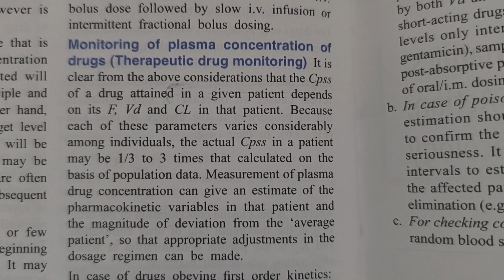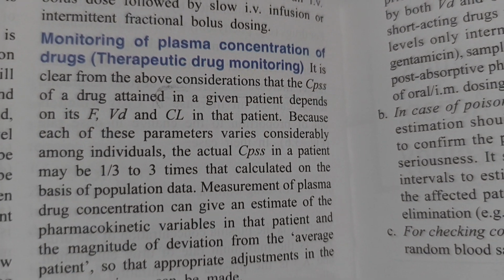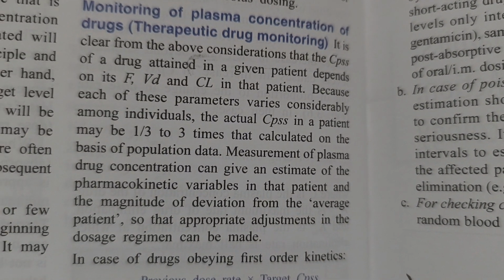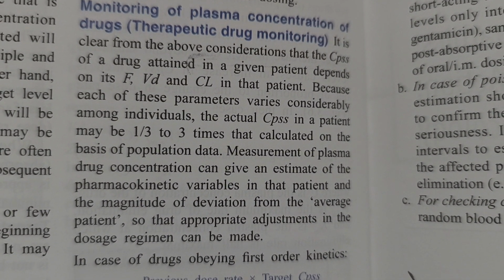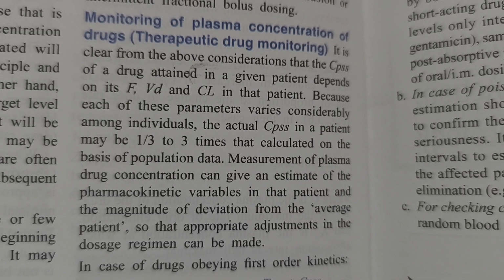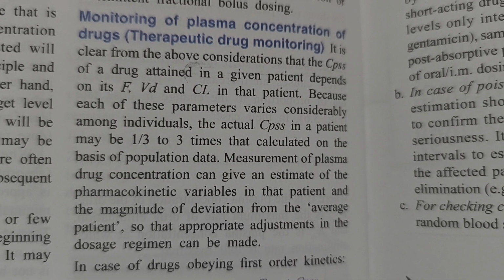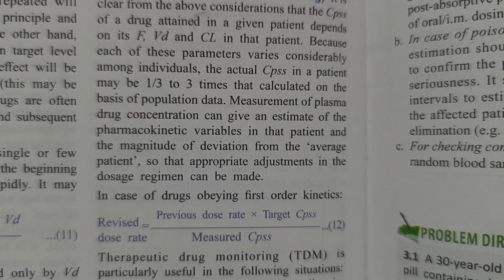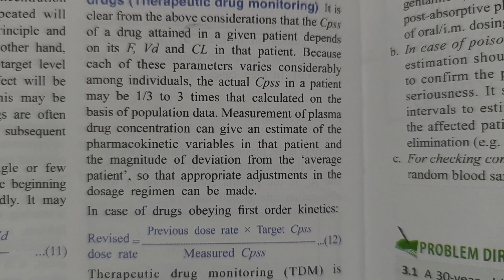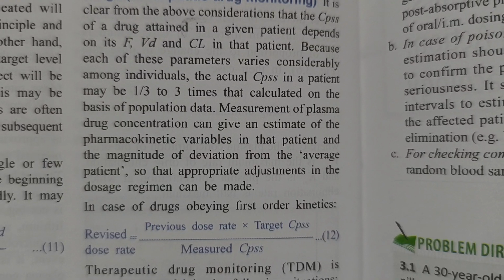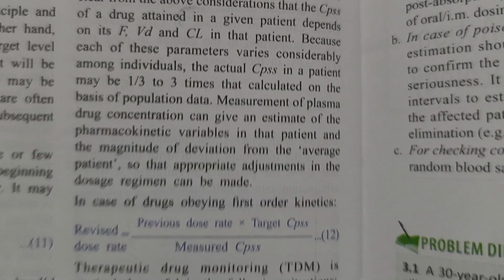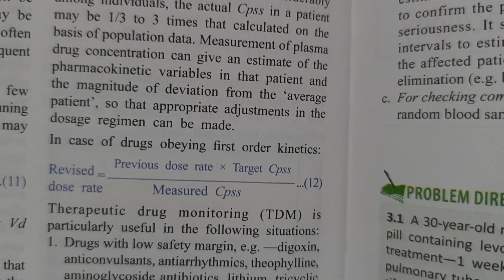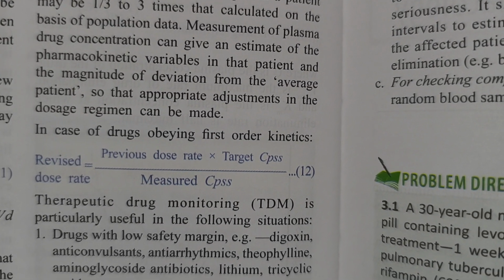Monitoring of plasma concentration of the drug, therapeutic drug monitoring. It is clear from the above consideration that the CPSS of a drug attained in a given patient depends on its F, VD and CL in that patient. Because each of these parameters varies considerably among individuals, the actual CPSS in a patient may be 1/3 to 3 times that calculated on the basis of population data.